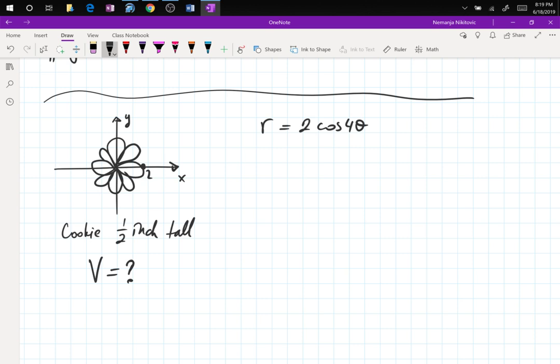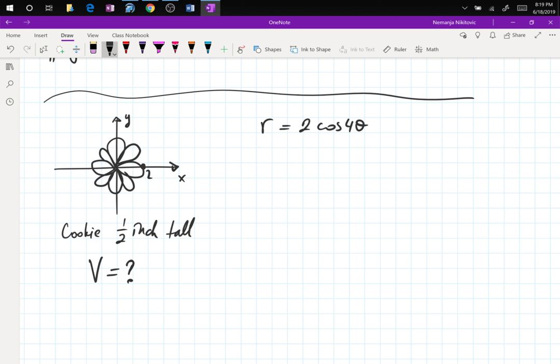So we model this problem immediately by 2 cosine 4 theta, which is what we learned in Calc 2, basics of polar functions. And now for volume, we are going to use a triple integral in cylindrical coordinates because we have dr, d theta, and then there is a height of the cookie, which is z.